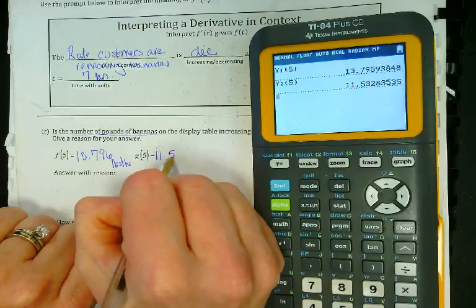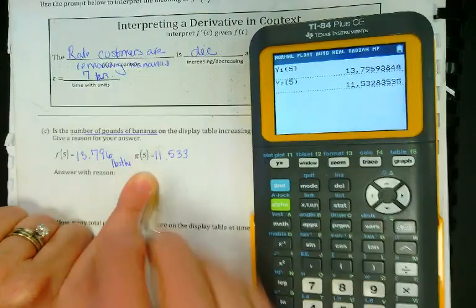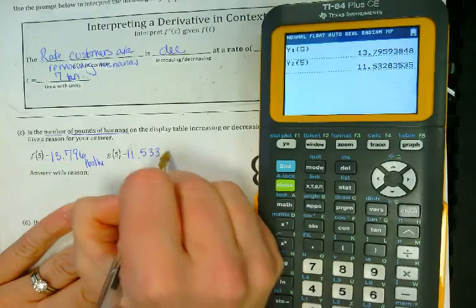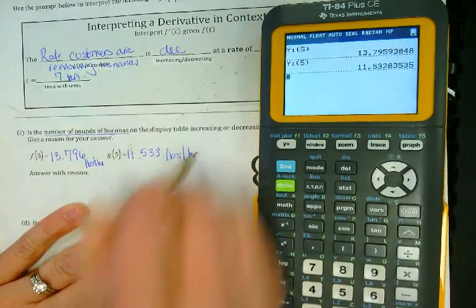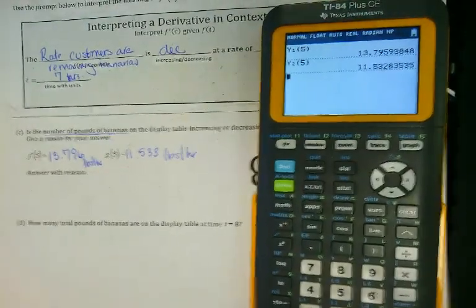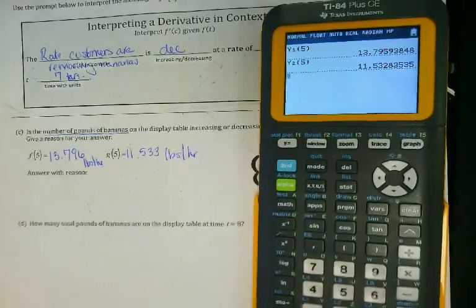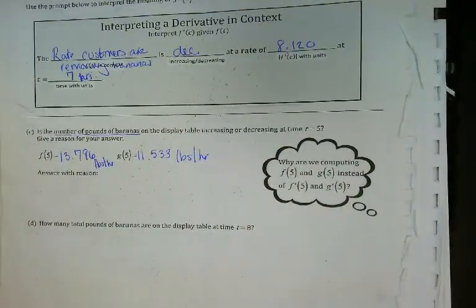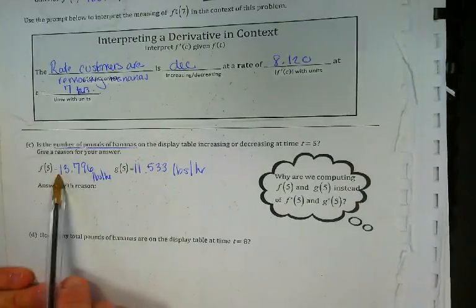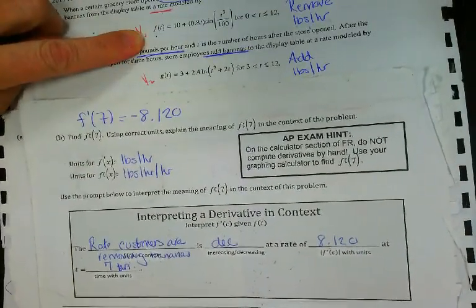Does 11.533 sound right? And again, that's measured in pounds per hour. All right, so I can hopefully convincingly say that this number is greater than this number, and f of t again represents the rate that they are being removed.